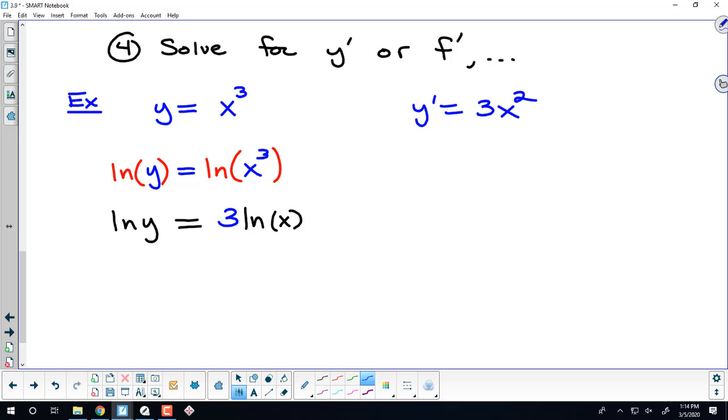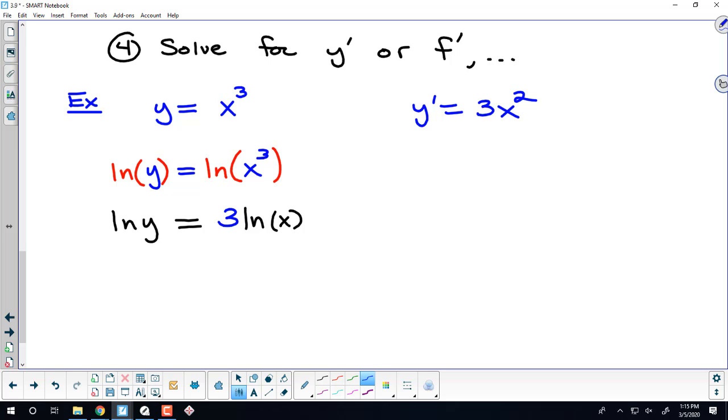Otherwise, you're really not doing yourself any favor. If you just apply one rule to a really complex expression, you're still going to have a complicated expression involving logarithms. It's almost like a waste of time to even do logarithmic differentiation.